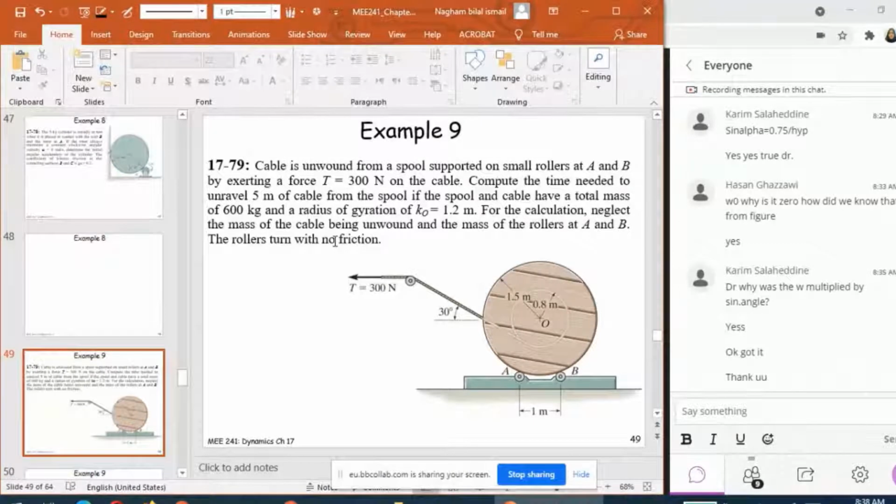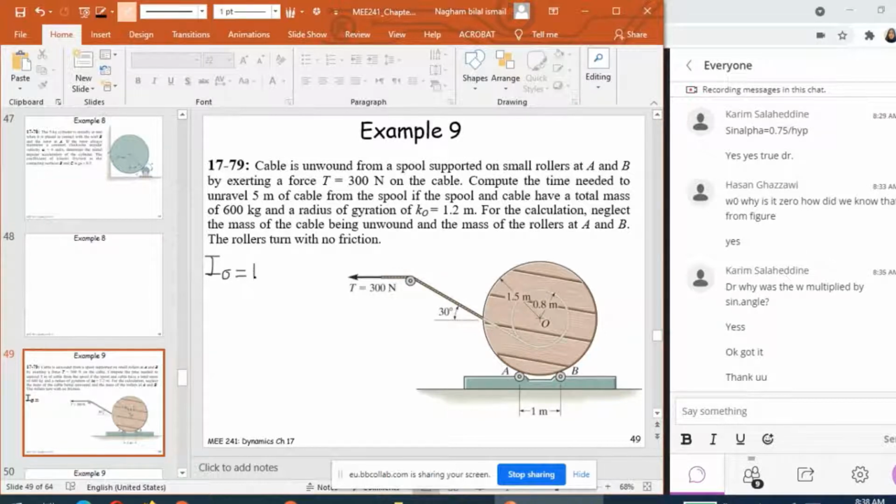All right. So, guys, what are my inputs here? I know the towing force T. I know the unwound cable, which is 5 meters, so this will be S, and I need to find the time T. But, guys, if I know the radius of gyration around O, KO, then I can find IO directly.